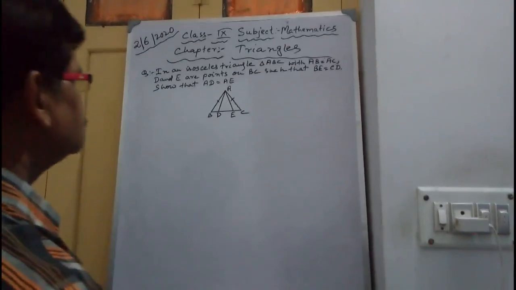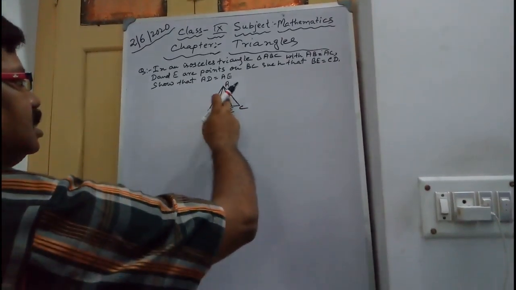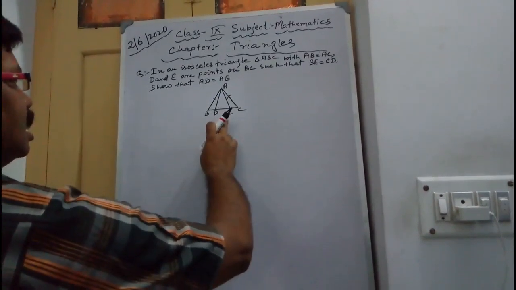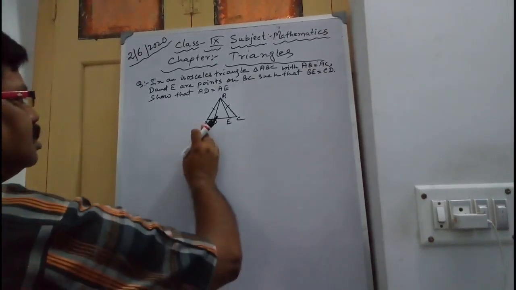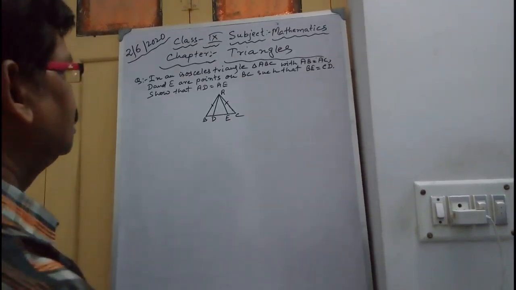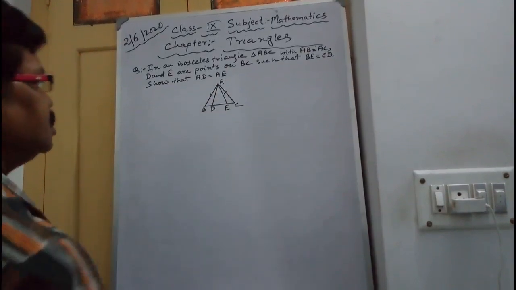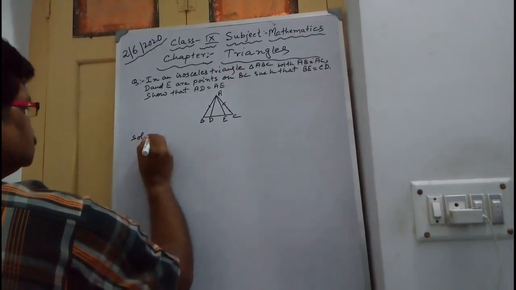In an isosceles triangle ABC, AB equal to AC is given. D and E are points on BC such that BE is equal to CD, and so that AD is equal to AE. Now see the solution.